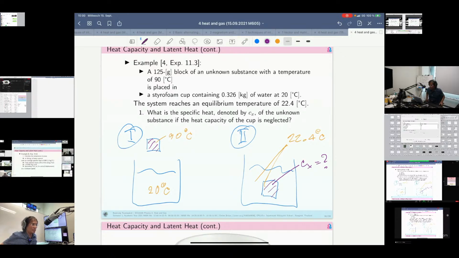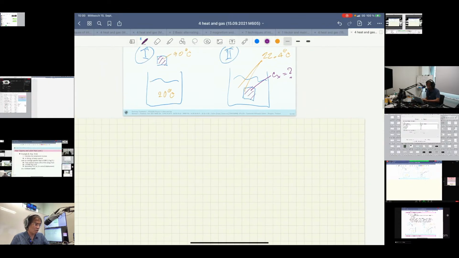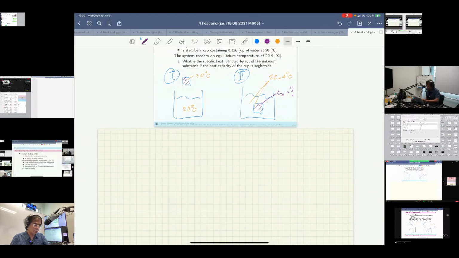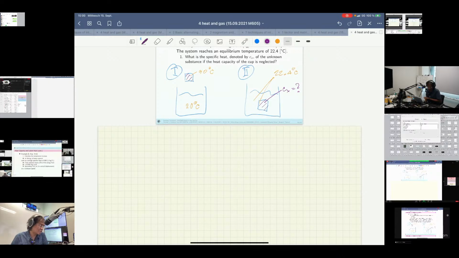Before that, we divided the whole equation by delta small t, right? But it's not the case for this problem. We're going to use the law of energy conservation. That means there is no heat loss or energy loss at all in the whole system. We assume there is no energy escaping from the system.